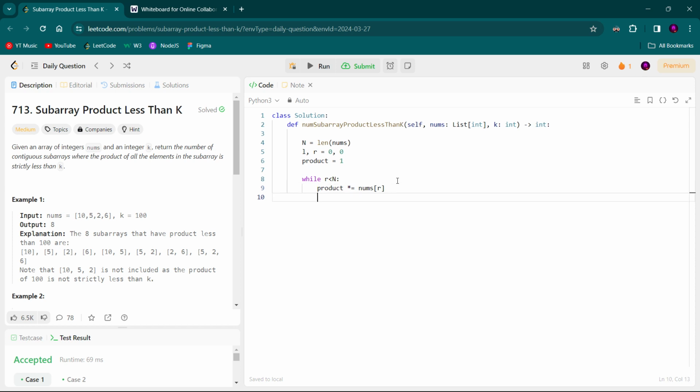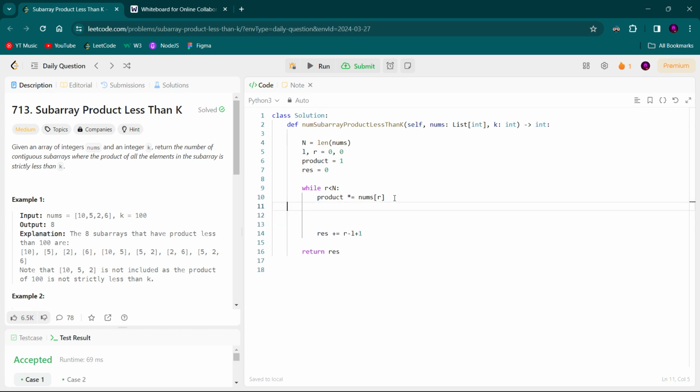And how can I find the number of subarrays in which R is included? I need a result, and the result would be R minus L plus 1.